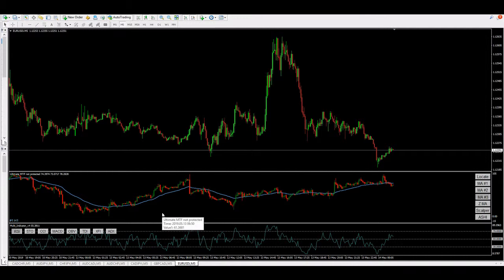There is no such thing as a best moving average. There is no such thing as a best type of moving average, whether it's simple, exponential, linear, or whatever the case may be. They all serve a purpose and can all be traded virtually the same way.